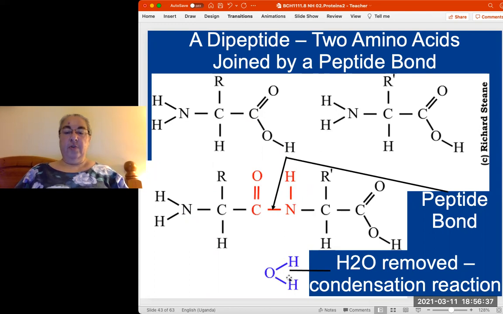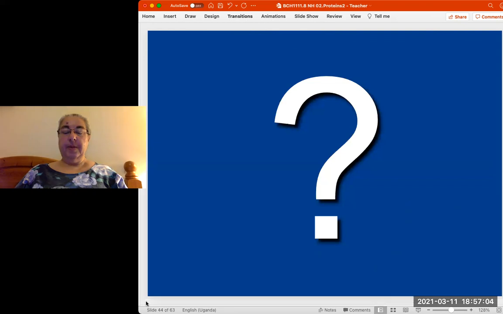And of course, oxygen and two hydrogens is water. So H2O is removed. So this is called a condensation reaction because water is lost. So peptide bond formation is a condensation reaction because water is removed. Okay, any questions?